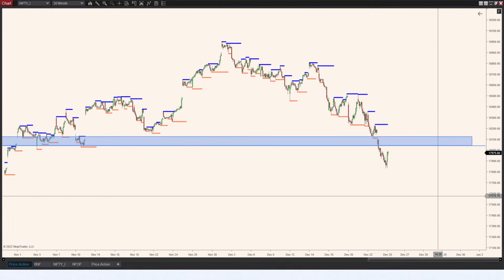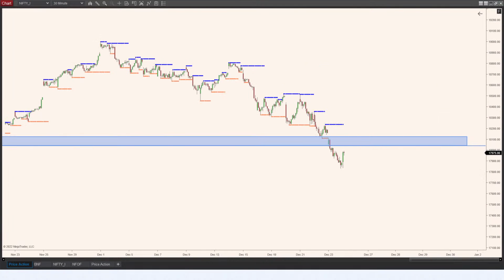Considering the present existing trend moving in a downward direction, until the market stays below the 18,030 level, we may look for a short trade. But on an immediate basis, the sellers were unable to trade the market below the previous day low.